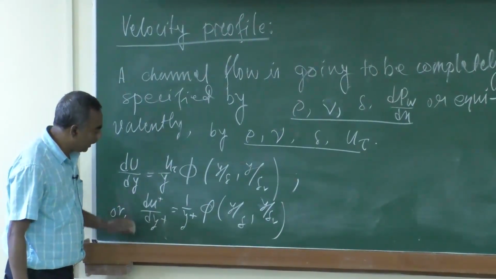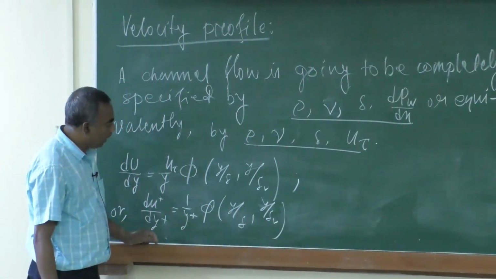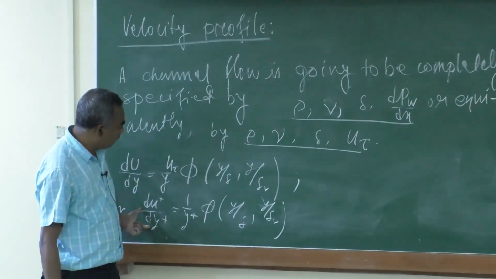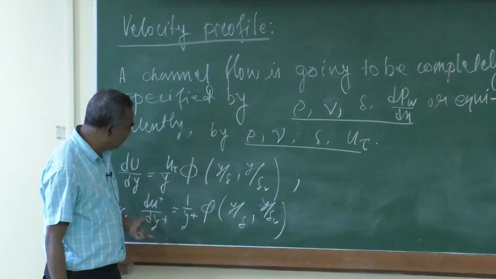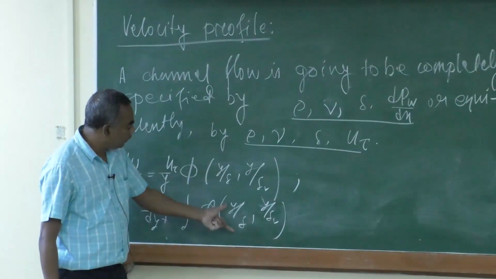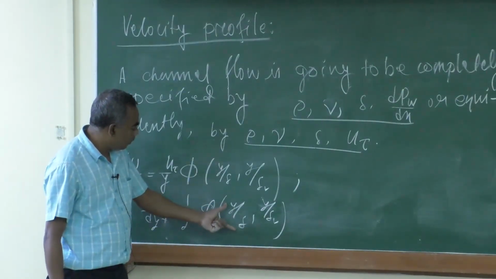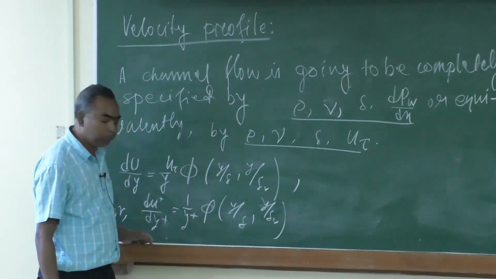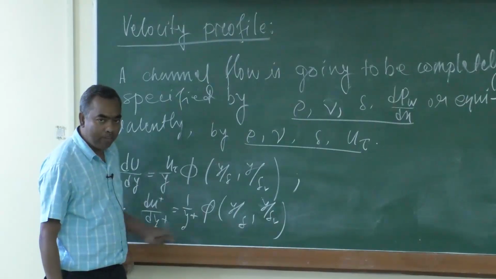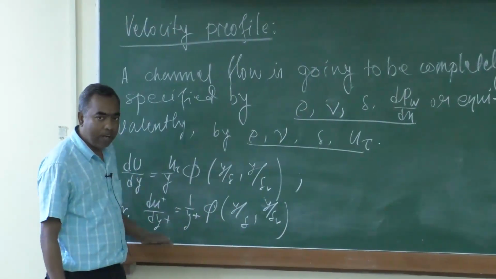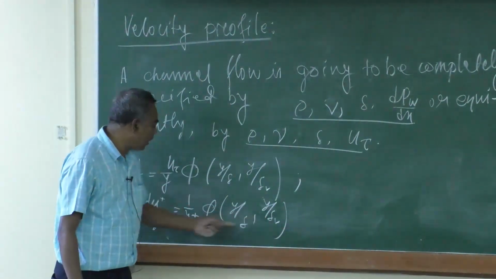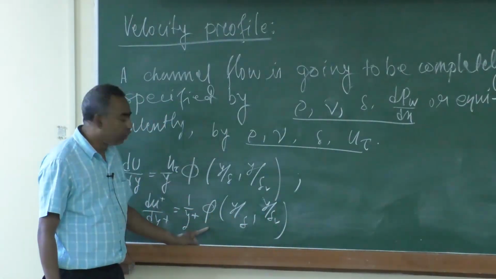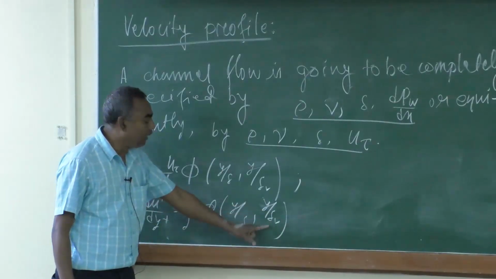This particular equation, Prandtl argued, is such that the mean velocity gradient becomes independent of this particular quantity as we go far away from the wall. So, far away from the wall, this particular functional form solely depends on y by delta v.